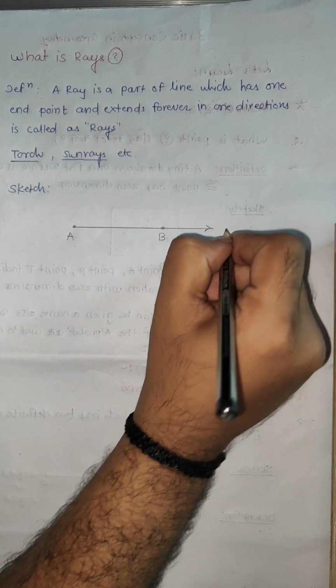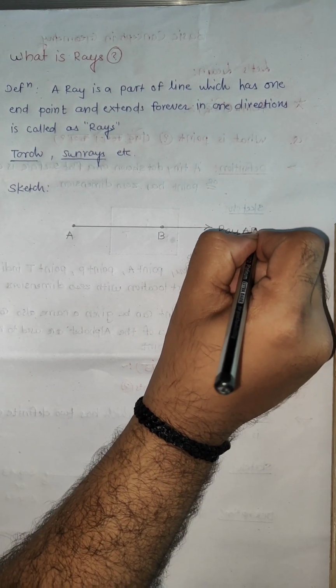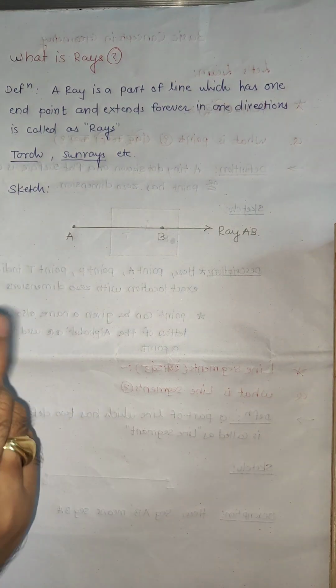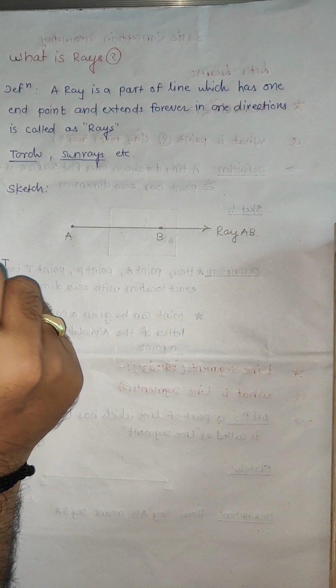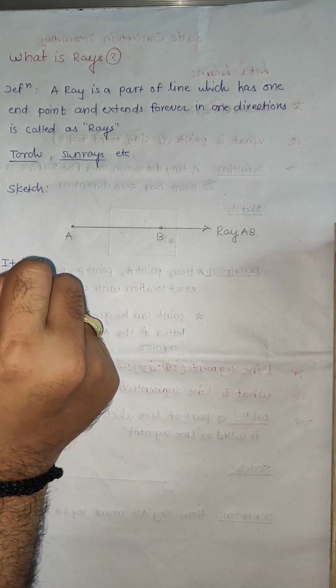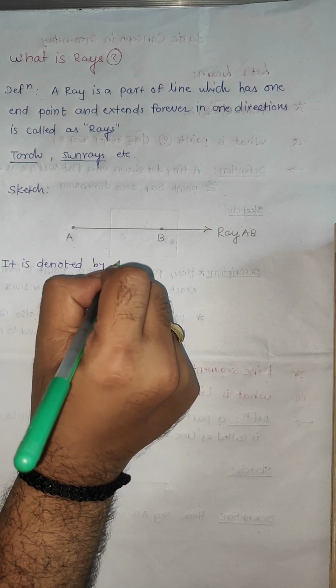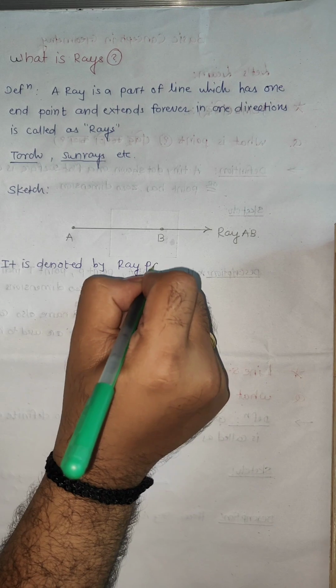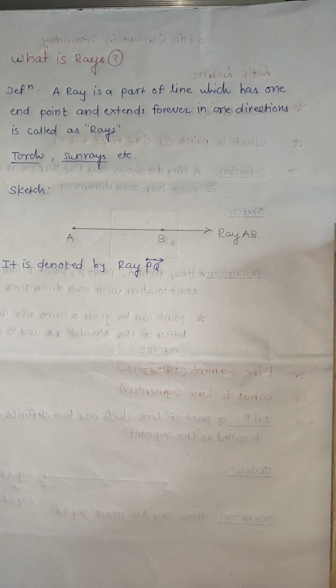How to read it? It can be written as ray AB. It can also be written as ray PQ. Clear? In that way you have to denote rays.